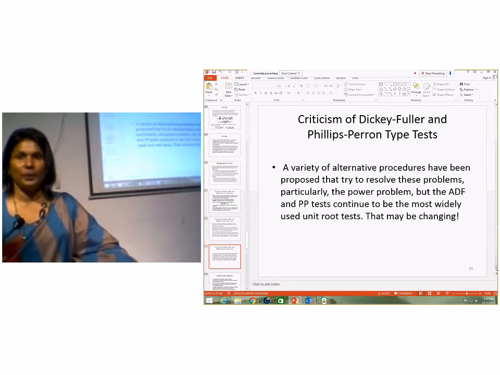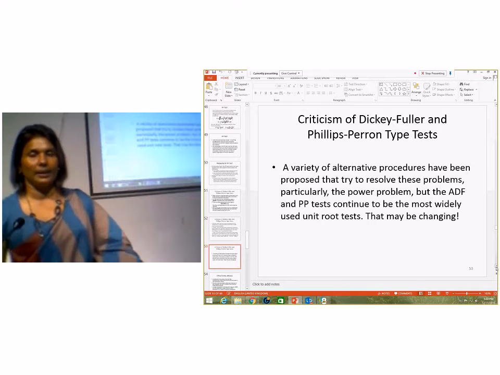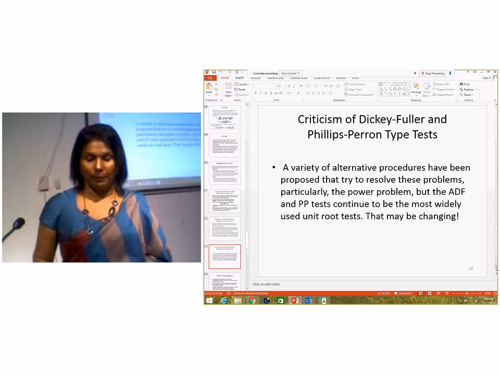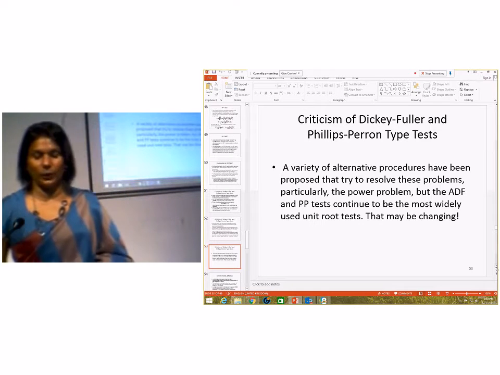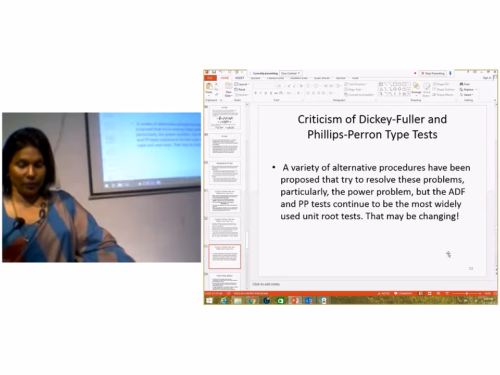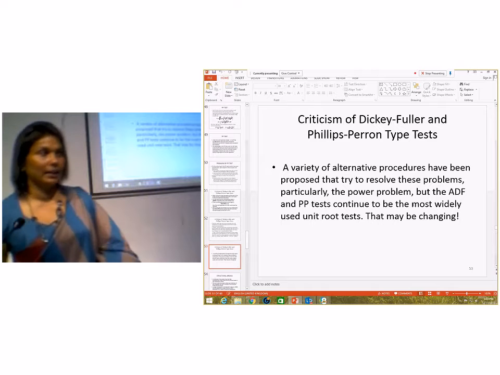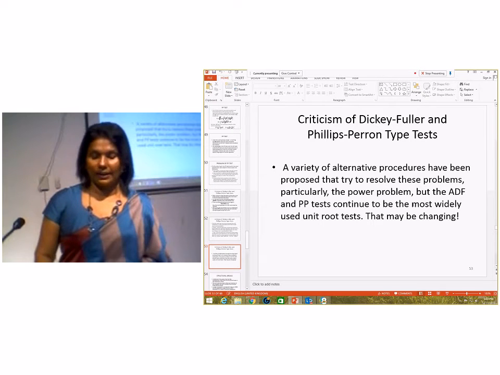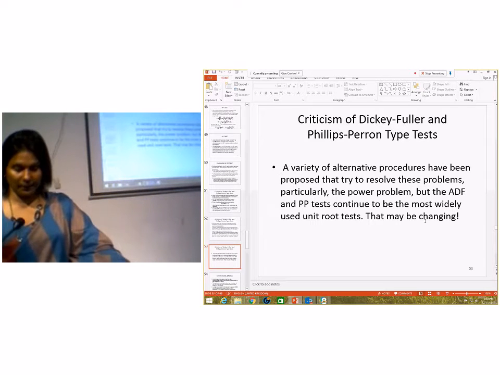But the augmented Dickey-Fuller test and the Phillips-Perron test continue to be the most widely used unit root tests. In the future that may change, but currently these two tests are the most widely used to test stationarity.